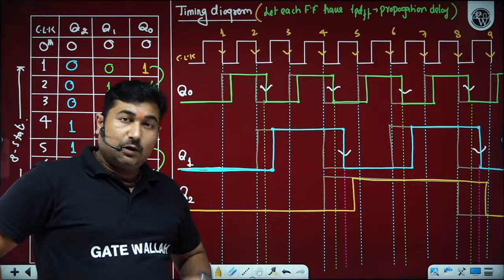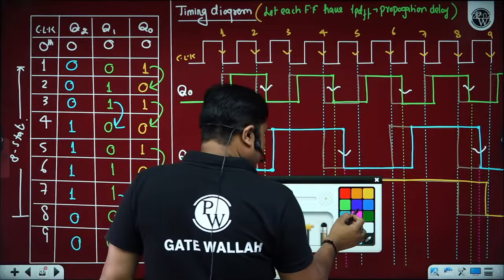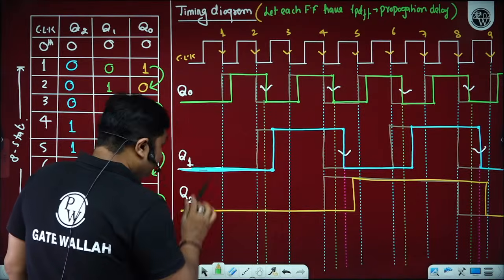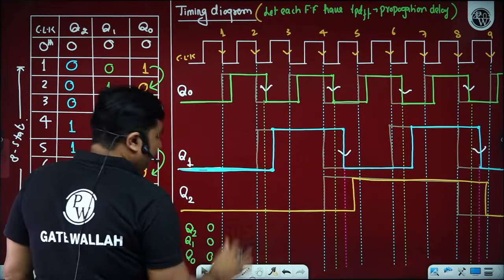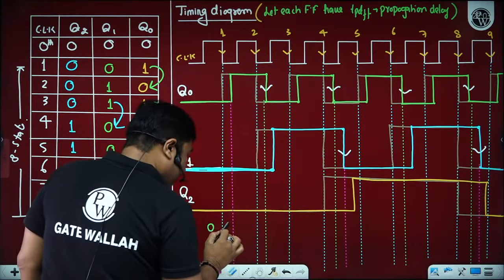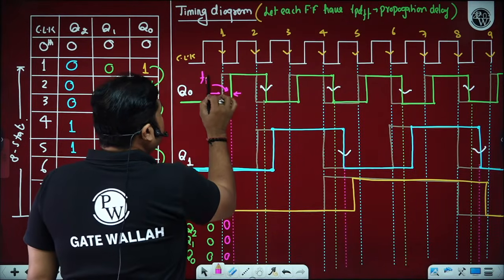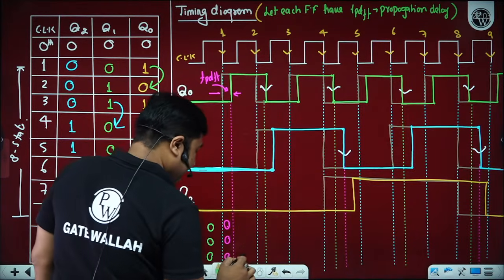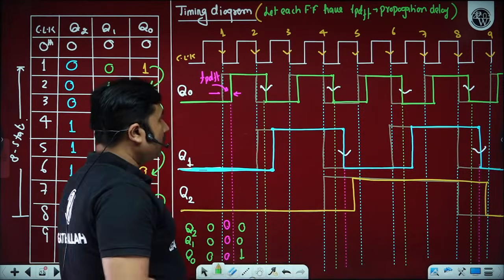Now, if you observe this timing diagram, we are facing an issue. What is the issue? Please observe, beta ji. In terms of Q2, Q1 and Q0, before applying the first clock, we have the state 0, 0, 0. After applying the first clock pulse, we have the state again 0, 0, 0 for a small portion of time, that is TPDFF. And post TPDFF, we get the state 0, 0, 1.